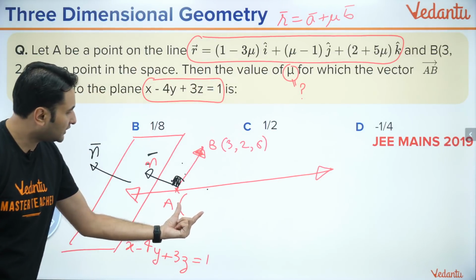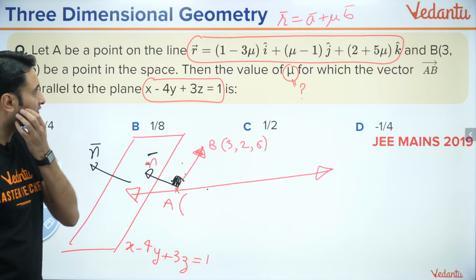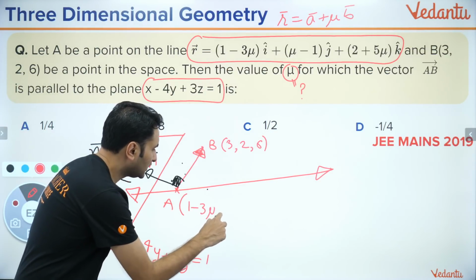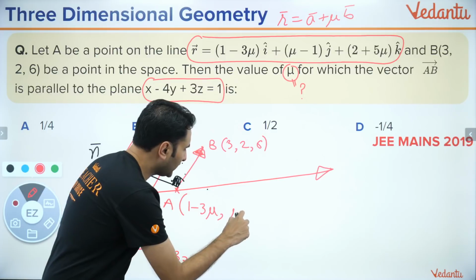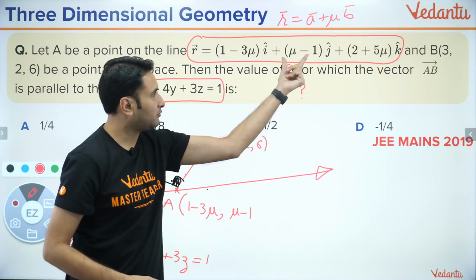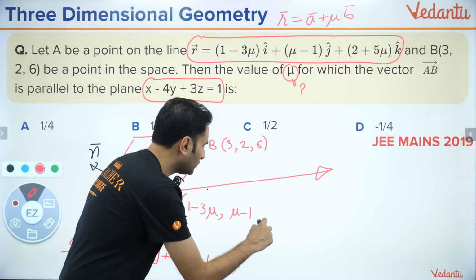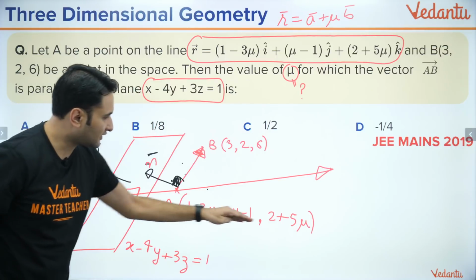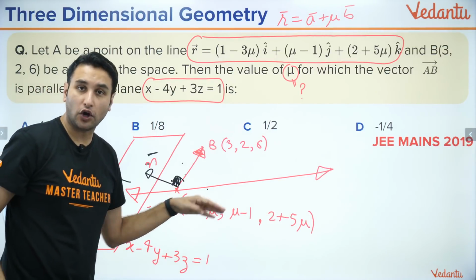So we can write A as 1 minus 3 mu in i, mu minus 1 in j, 2 plus 5 mu in k. This is any point A on the line.